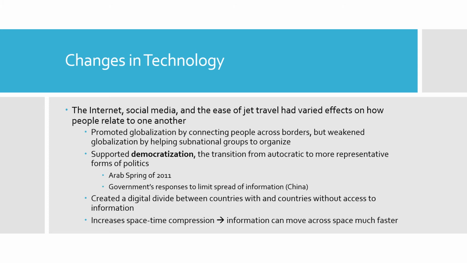So technology has promoted that and helped that. But technology has also weakened globalization because it allows subnational groups to organize. So now instead of countries working together, countries have to deal with their own internal problems.